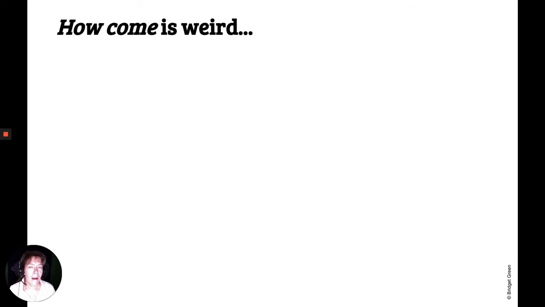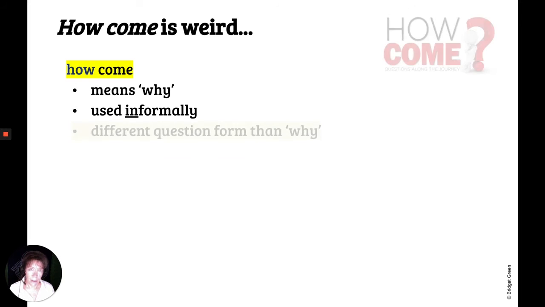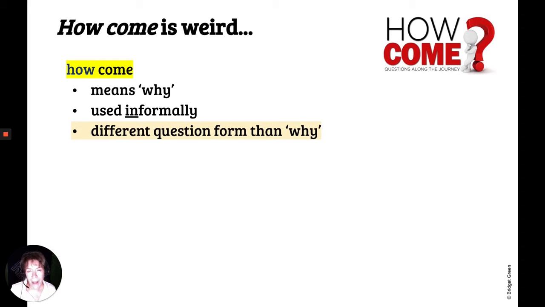Okay, remember we talked about how come? How come is weird, but very, very common, so it's good to know. Remember, it means why. It's used informally, okay? If you meet the president or the queen, don't say how come to them, but do say this to all your friends. It has a different question form than why. Remember, Bob is getting married? Have a look.